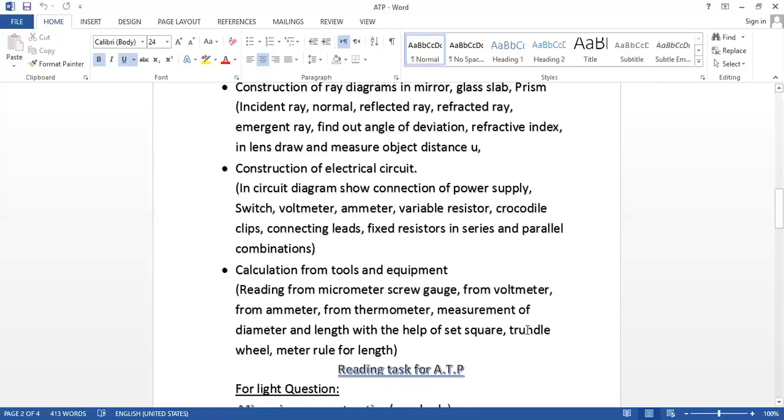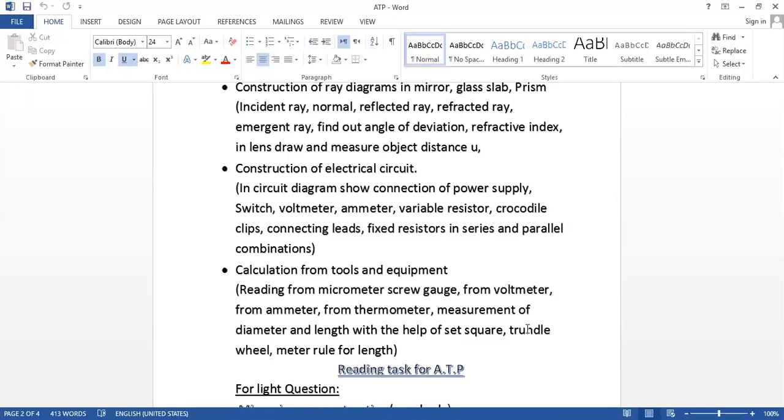And also you will know about trundle wheel, meter rule for measuring length. Meter rule you can easily use. And what is trundle wheel? Trundle wheel is basically a wheel in which a marking is placed, and when you rotate this trundle wheel, you will make a number of cycles. For example, if you count 50, one mark is equal to 1 millimeter.